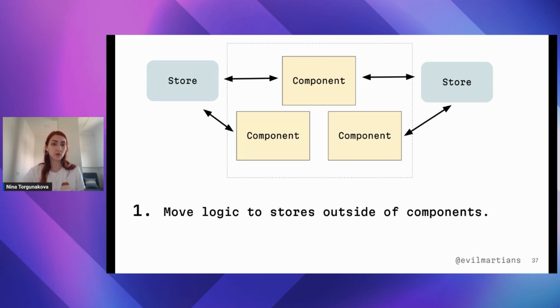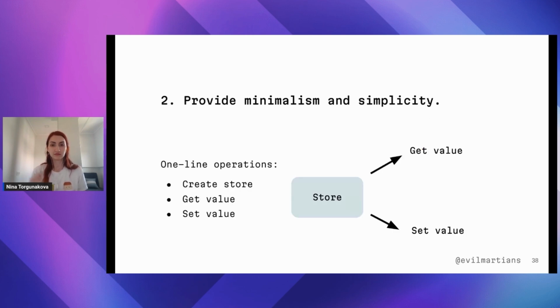The second one, we want the process to be as simple and as minimalistic as possible. Ideally, for the simple cases, it will be enough to have three one-line operations: to create a store with an initial value, to get the value from the store, and then to set a value in the store.